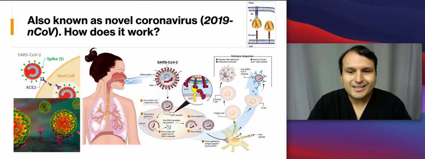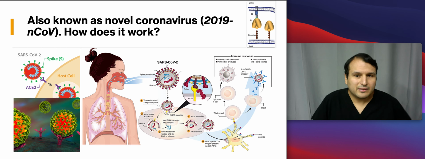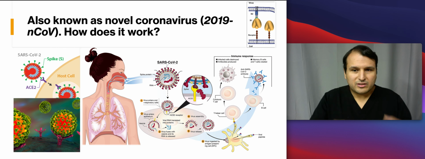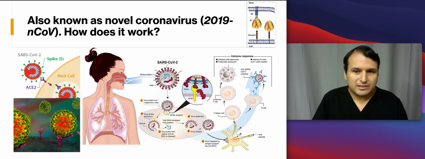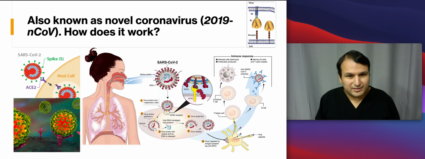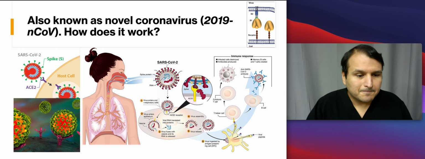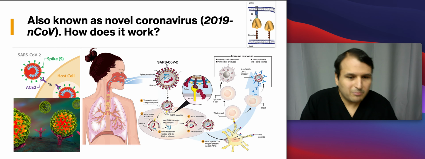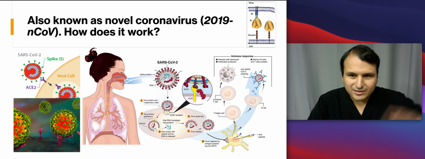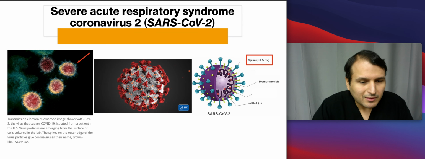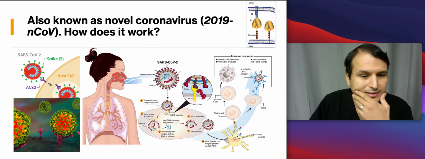This locking key is what causes the virus to bind to a cell, come into a cell, replicate, create copies of itself, and then send them out, thus building an army of viruses to fight against us. So the virus is floating around. It can be transmitted through respiratory droplets or through aerosolization. That's open to interpretation.